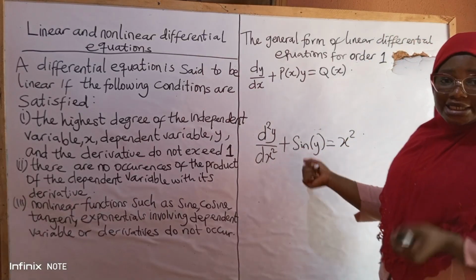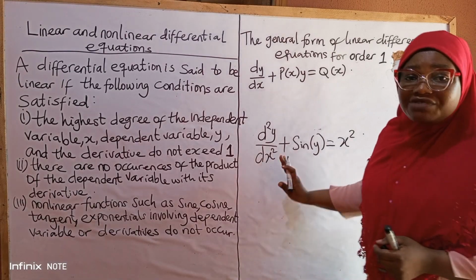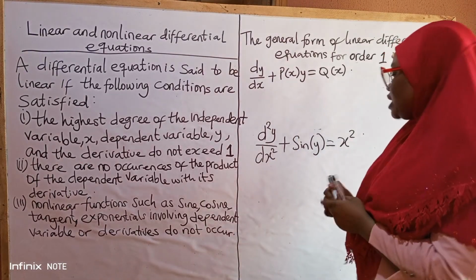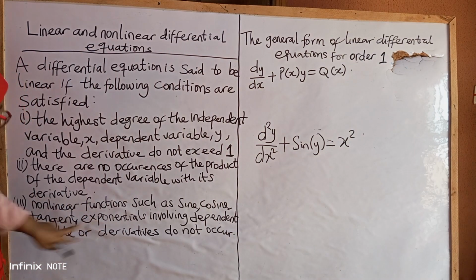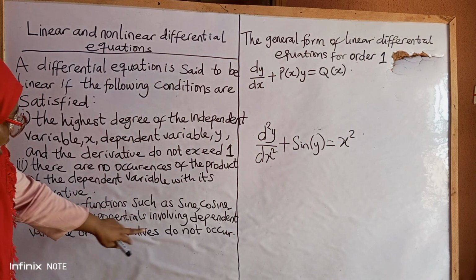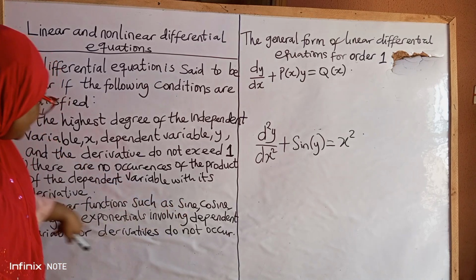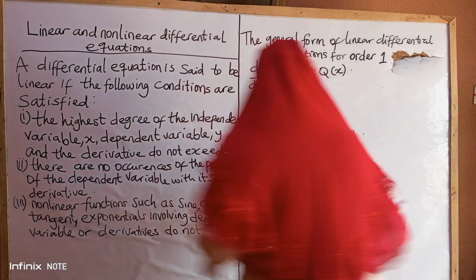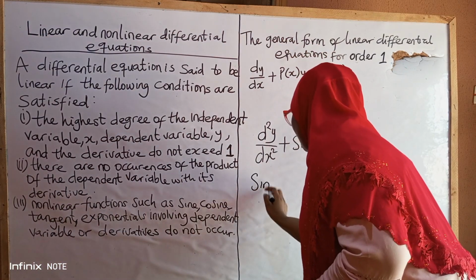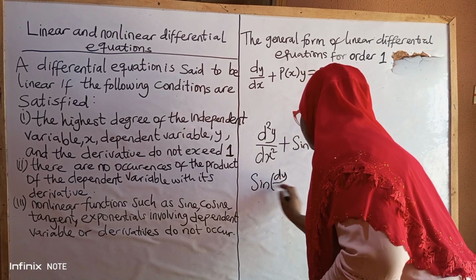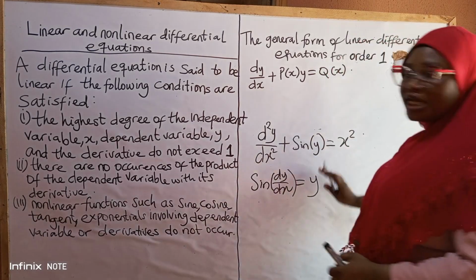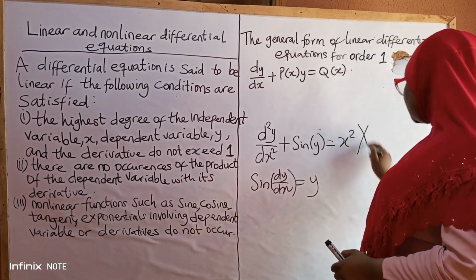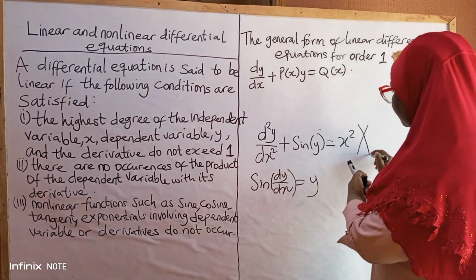Is this one linear? It is not a linear differential equation because I said in the last condition that there should not be involvement of sine of the dependent, or sine of the derivative, or exponential. So this one cannot happen.